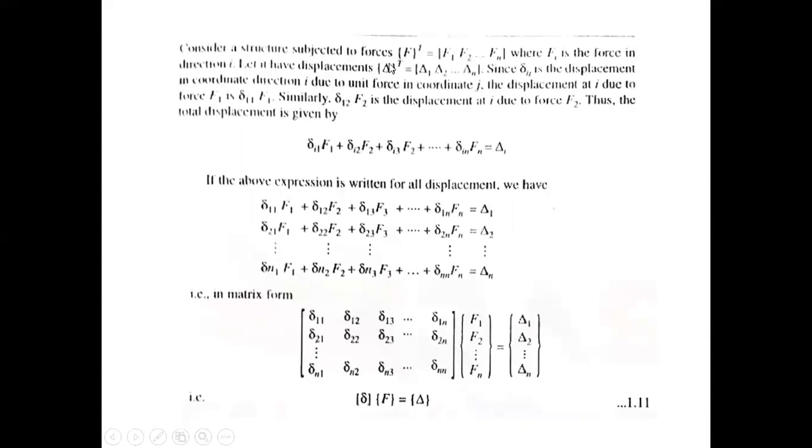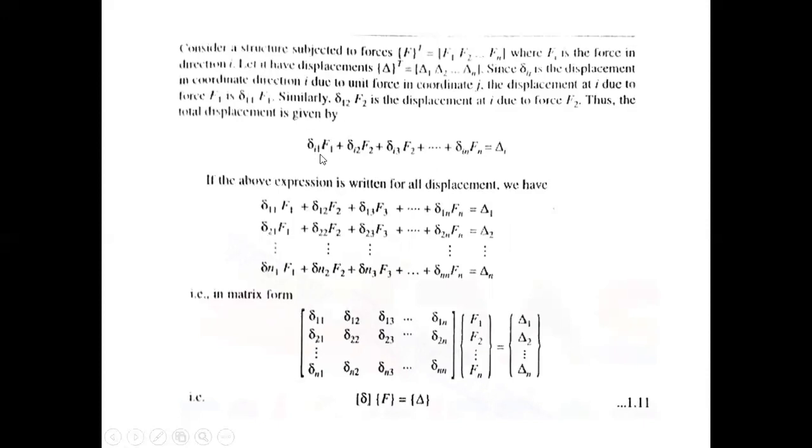If F is the force matrix, that is all the forces applied will be a complete set, and it will be termed as matrix F. Delta is the total displacement occurred due to the movement of the joints or coordinate system, and it will be a set of all such displacements, termed as delta or delta t. So delta is equal to force multiplied by the displacement component.